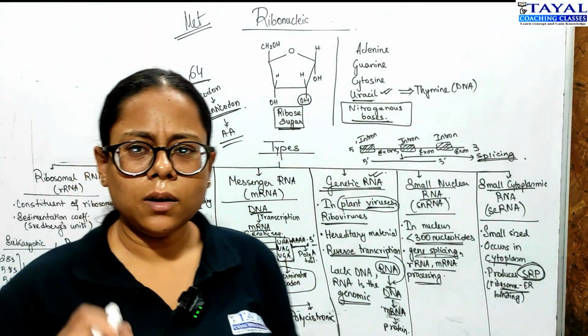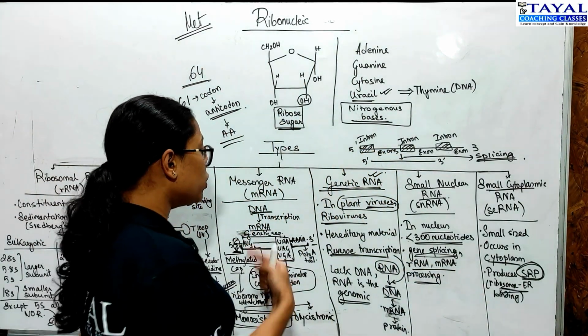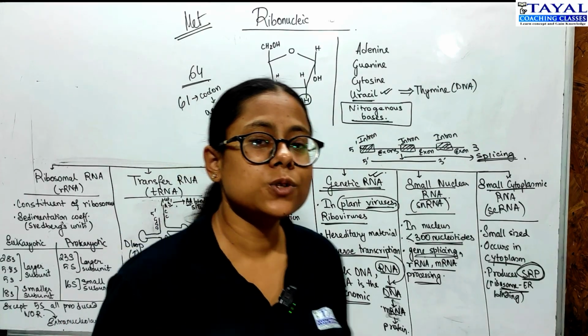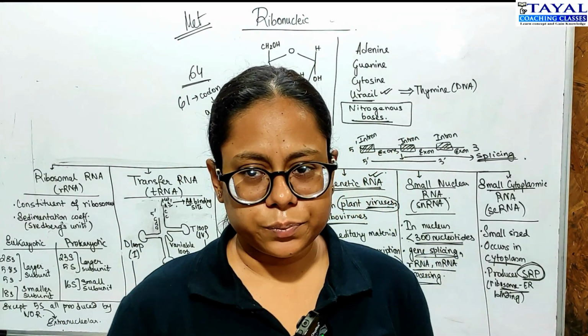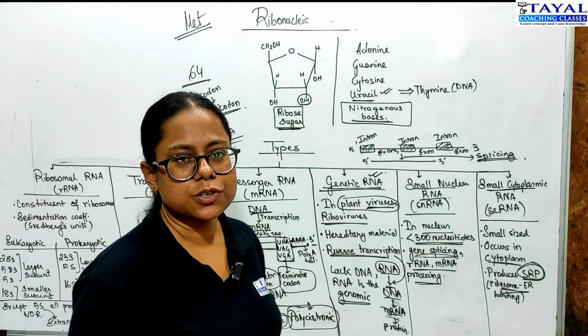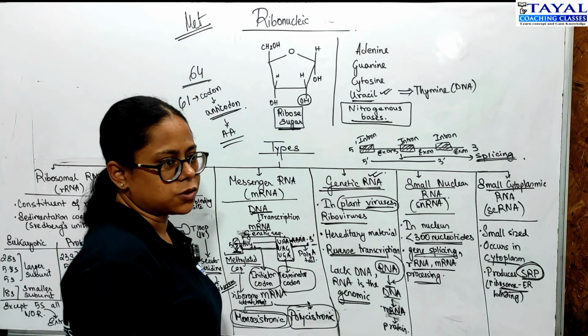Okay? So one polypeptide from one mRNA. If you get more than one polypeptide, then it is polycistronic. For example, the one that codes for histone, it has 30 odd enzymes which is coded from one particular mRNA segment, then that becomes polycistronic.